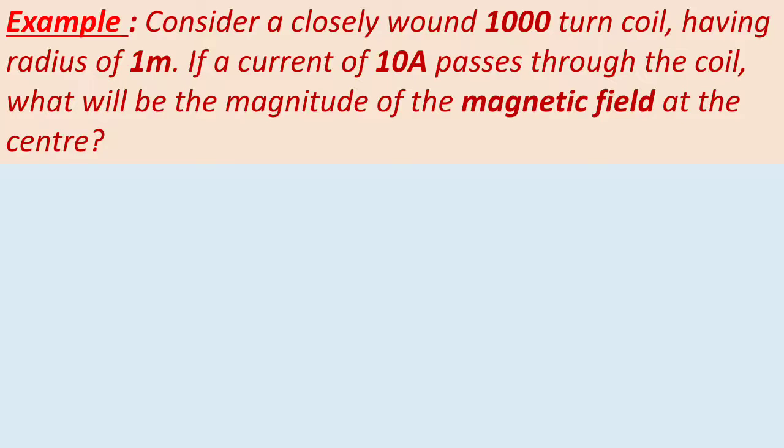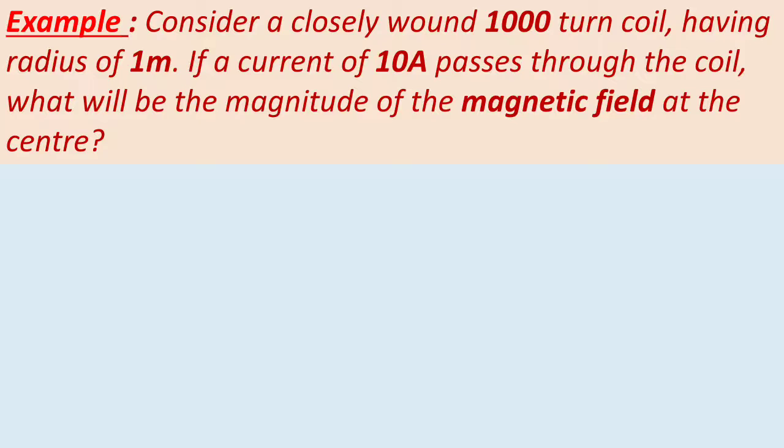So here I have one example: consider a closely wound 1000-turn coil having radius of 1 meter. If a current of 10 ampere passes through the coil, what will be the magnitude of the magnetic field at the center? So first of all, we have to find the magnetic field at the center.